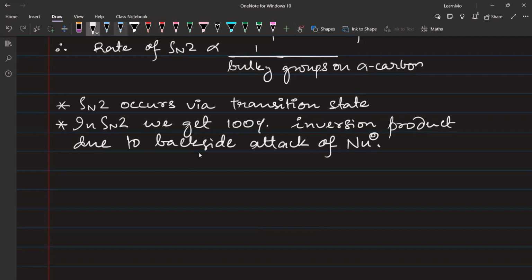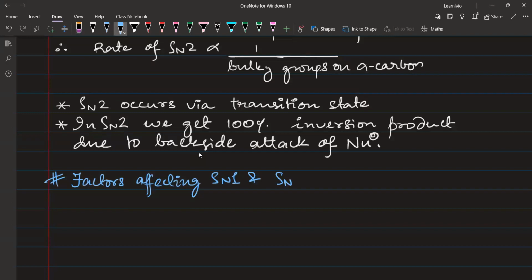Next, you write factors affecting SN1 and SN2. So the factors that are going to affect the SN1 and SN2 are three things. Two of them are quite obvious. That is, first is nature of substrate.